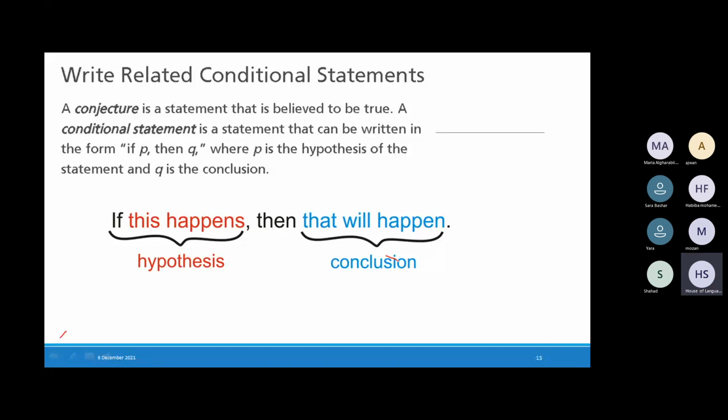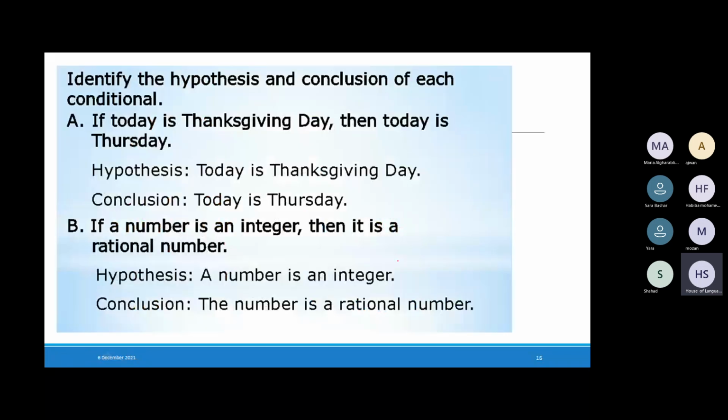It's in the book with the teachers. Later on you will find that P is the hypothesis and Q is the conclusion, but we will read it. Now let's talk examples.